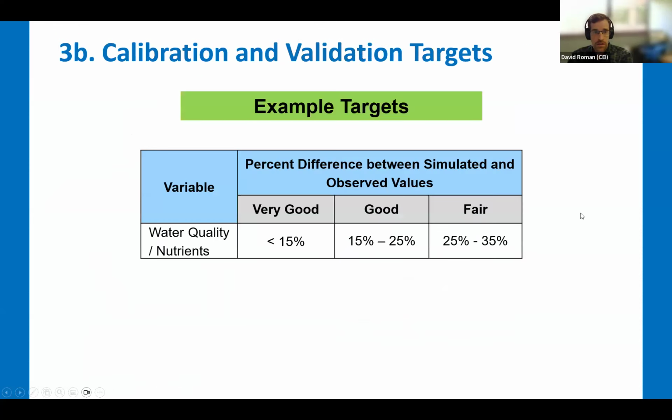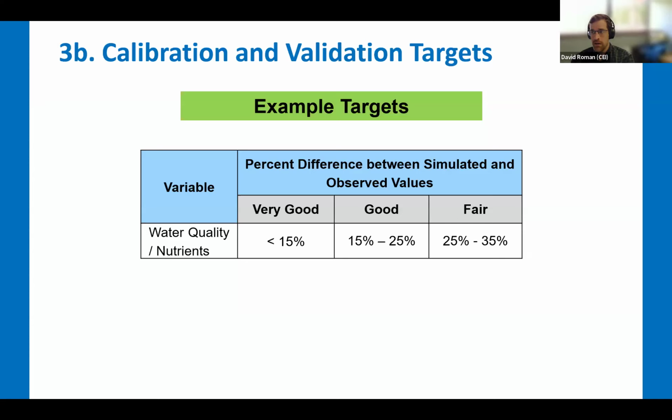So this table is just showing some rough examples of what a calibration target could be. I forget what study this is from. I probably should have cited that here. I want to say Donegan. But in general, if you're within 15%, that could be very good, as opposed to 25 to 35%, where you might have a fair outcome.